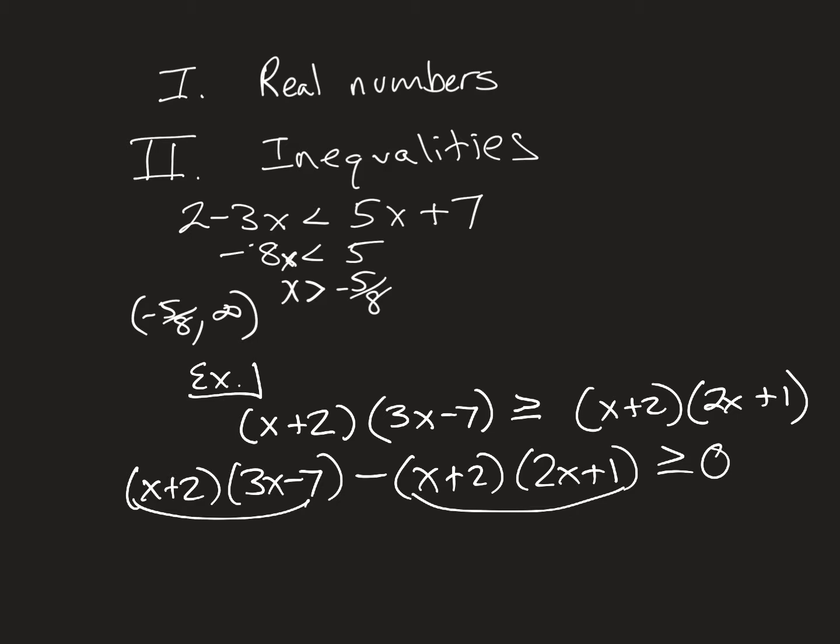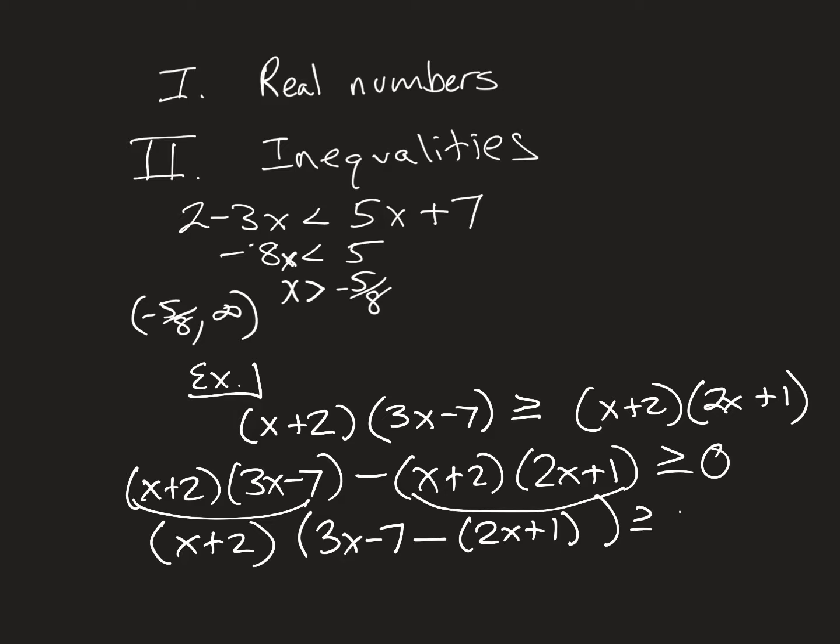In this case, yes, both of these have a common factor of x plus 2, so I'm going to factor that out. And remember, factoring out means dividing out. So when I factor it out of the first grouping, I'm left with 3x minus 7, and when I factor it out of the second grouping, I'm left with 2x plus 1.